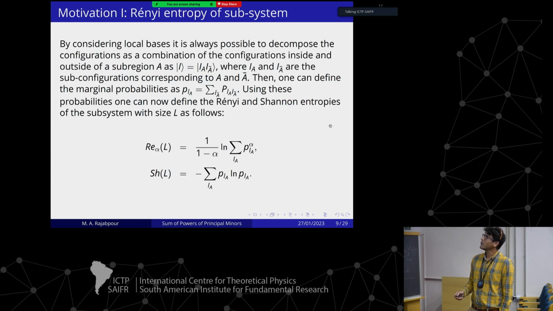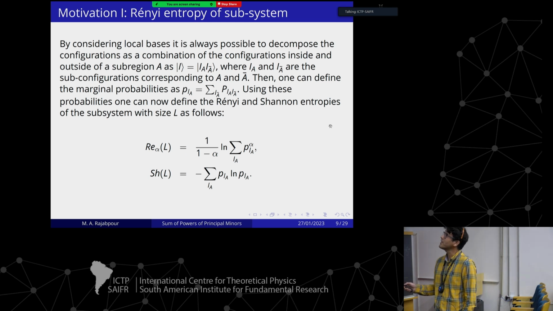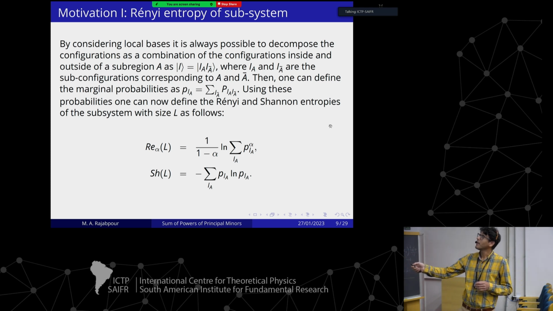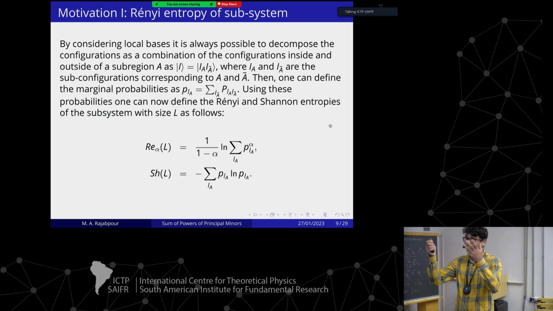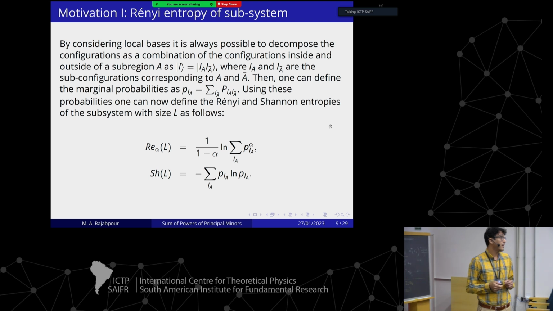You can actually do the same thing instead of the full system. You can divide the system into two parts, A and A bar, calculate the marginal probabilities for part A, and put them again in that equation of the Rényi and Shannon entropy.